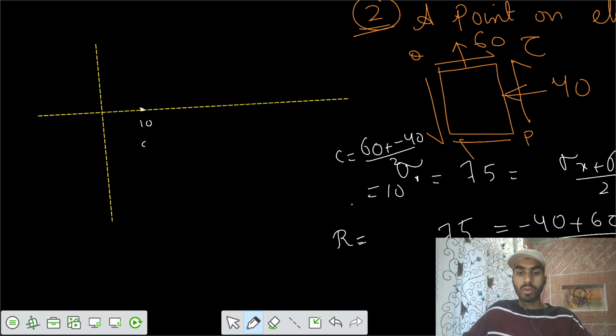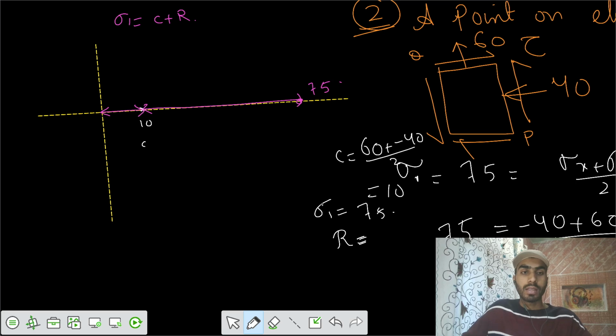Now we don't know the value of the radius, but one thing we know is that sigma 1 equals 75. So sigma 1 would be at 75 from here. We know that sigma 1 equals C plus R.